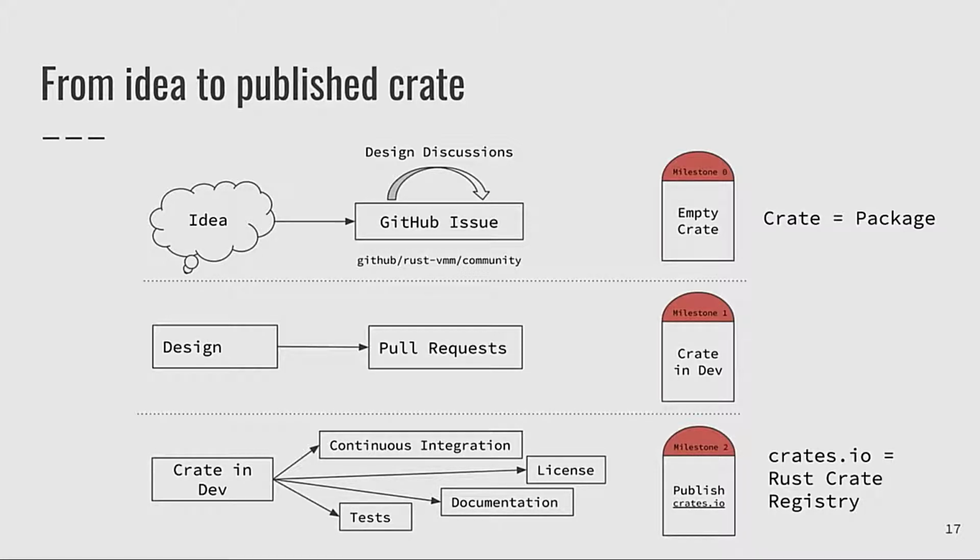There are tests which are run for all crates and that can be run for all crates out there. But then we also have specialized tests that depend on the implementation, so integration tests and so on. All the crates in Rust VMM actually use a dual license, so we have Apache or BSD 3-clause.